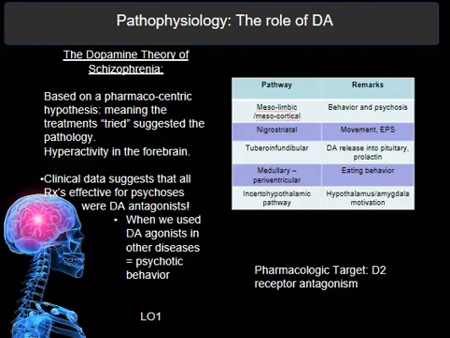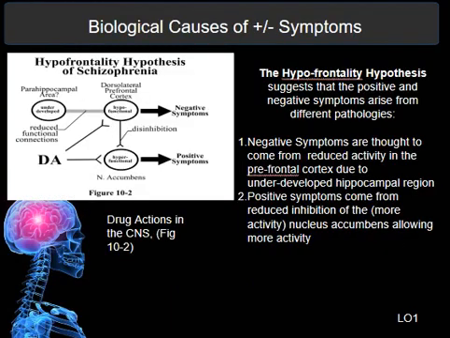And so this nicely summarizes some of the pathways and where some of these behaviors manifest themselves, tied to the appropriate neurotransmitter. And so there are biological causes for the positive and the negative symptoms, and that alludes to what's known as the hypofrontality hypothesis of schizophrenia.